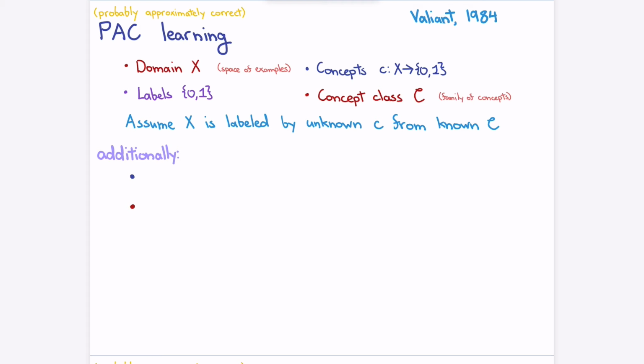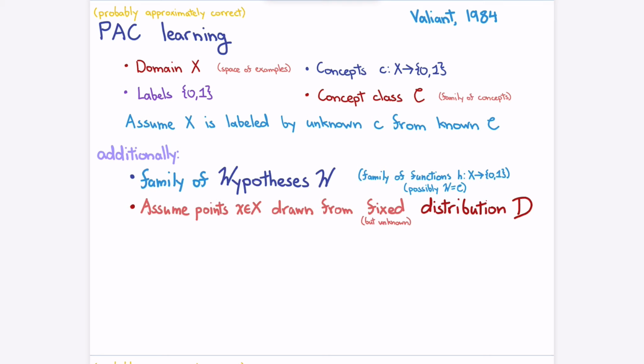Well, we will make the problem slightly more general. We're going to do two things. First, we allow the algorithm to output something a little different from the underlying concept classes. You might have data labeled by something, but your algorithm can only output rectangular classifiers or something like this.